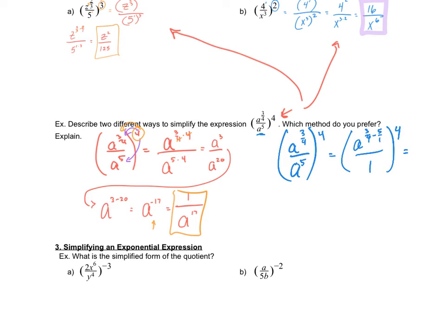Simplifying, if I'm going to subtract these fractions, I need to have a common denominator. So I'm going to have a to the 3/4 minus 20 over 4 raised to the 4th power.